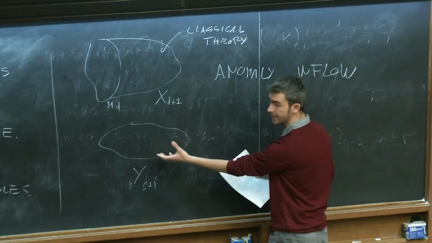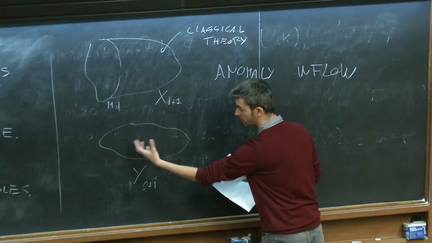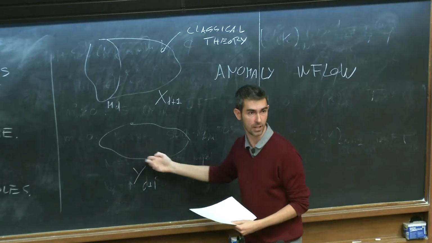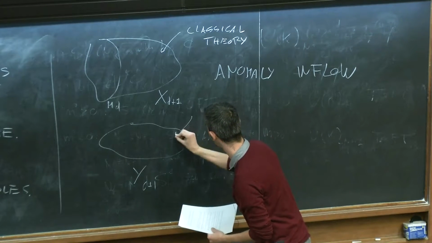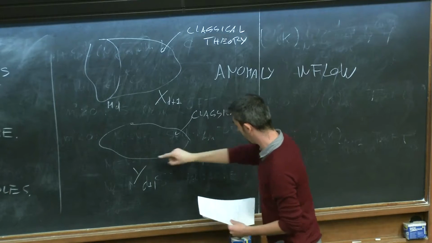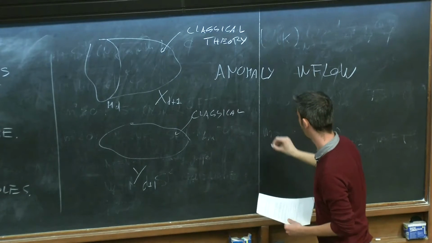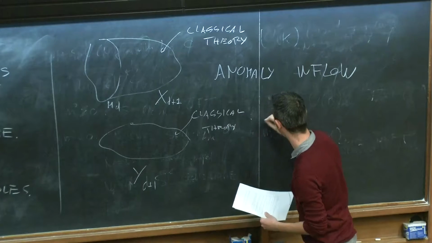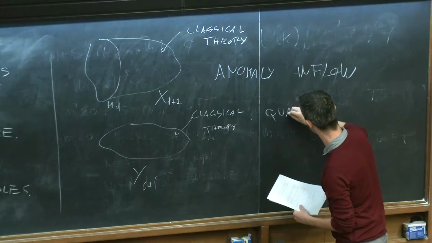Essentially, these classical theories on closed manifolds are the way that we can quantify the 't Hooft anomaly. So if we look at what classical theory we have here, this gives us a way to quantify the anomaly.